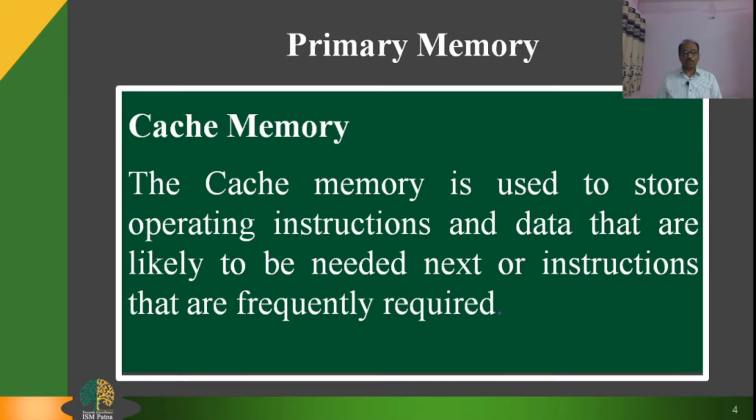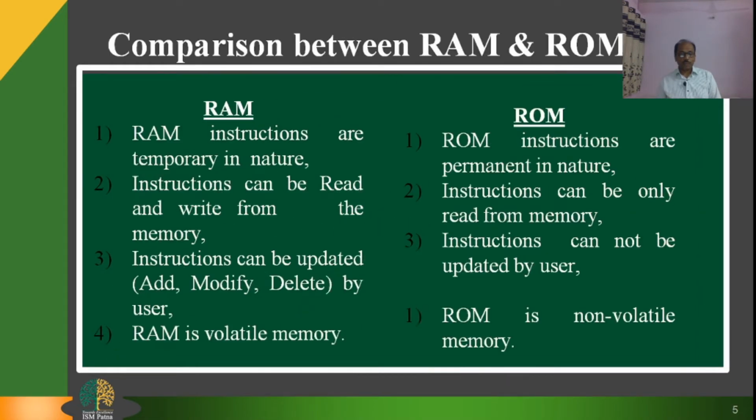Now, take a look at the difference between RAM and ROM. RAM instructions are temporary in nature, whereas ROM instructions are permanent in nature. In RAM, instructions can be read and written from the memory, whereas in ROM, instructions can only be read from memory.